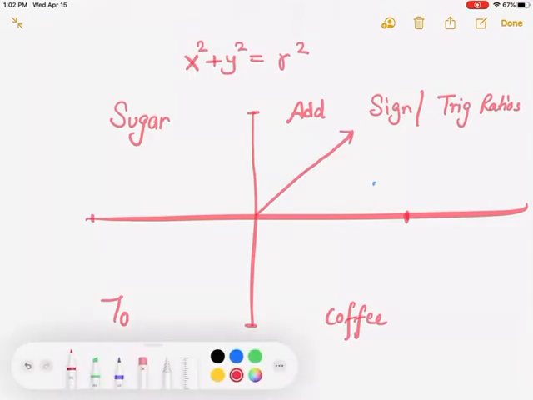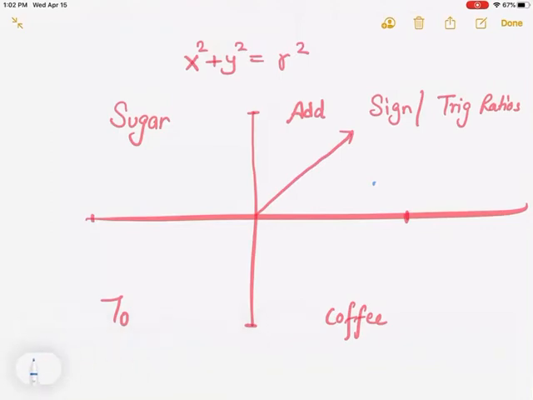So let's talk about that. Again, I assume you should know that, but if not, I'll review it quickly. If I have add in the first quadrant, it means I borrow A from this. That implies that all ratios in this quadrant will stay positive. When I get to the second quadrant, we borrow the S from sugar.